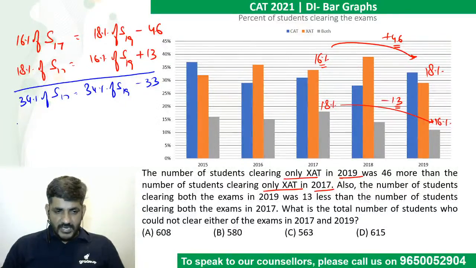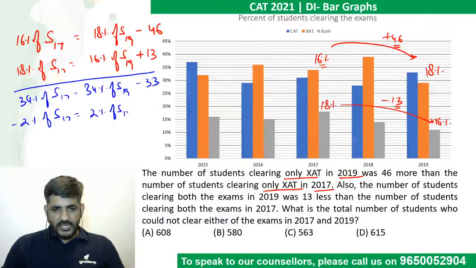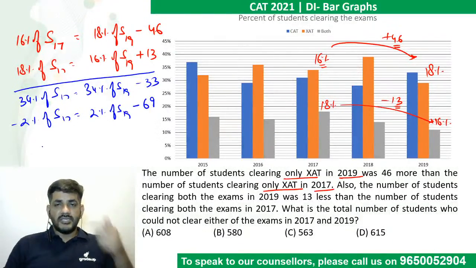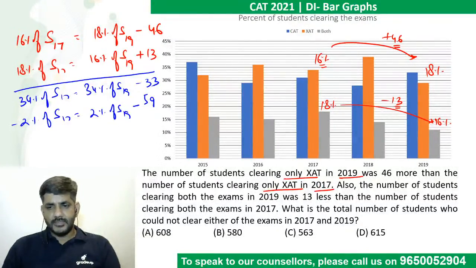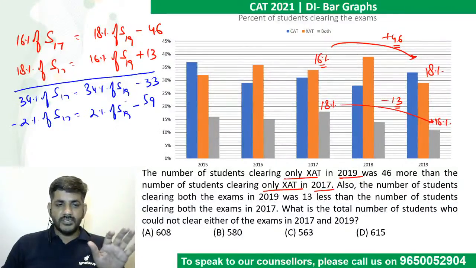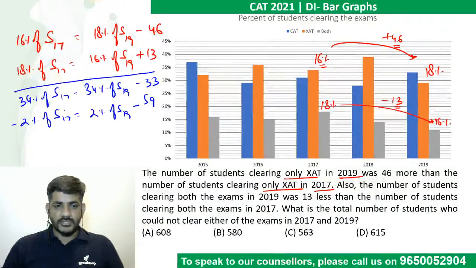Similarly, if I subtract them, minus 2% of 17 is equal to 2% of 19, and because we are subtracting, we get minus 46 minus 13, that is 59. This is 59. I'm telling you, it's a long question. Obviously, we have to do a lot of calculation here.